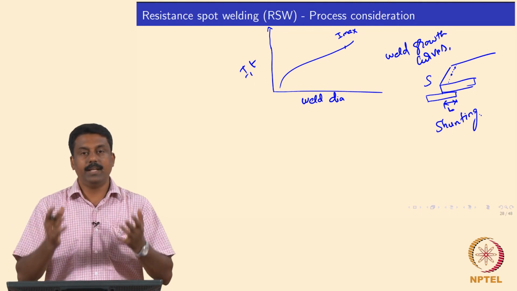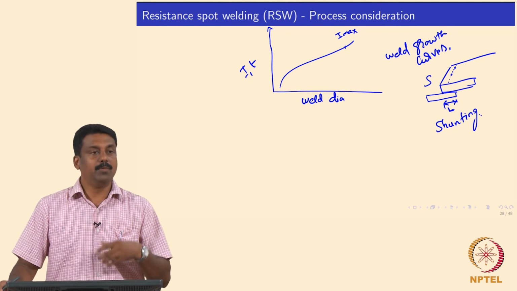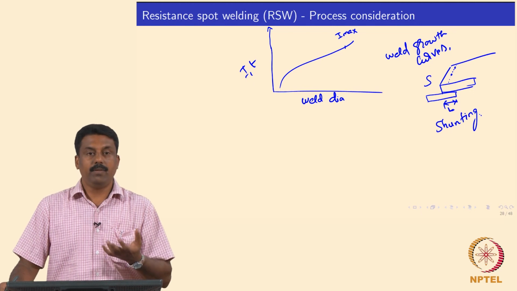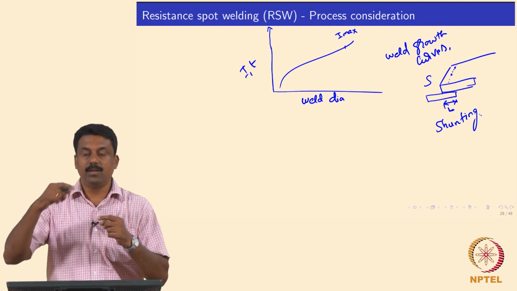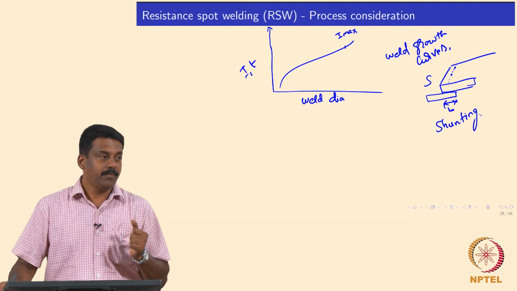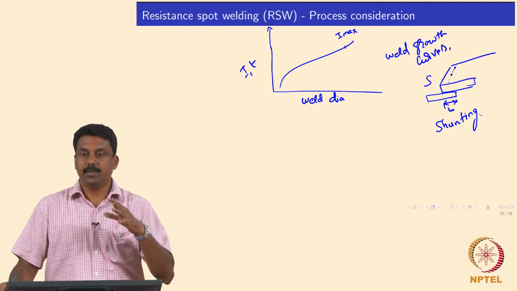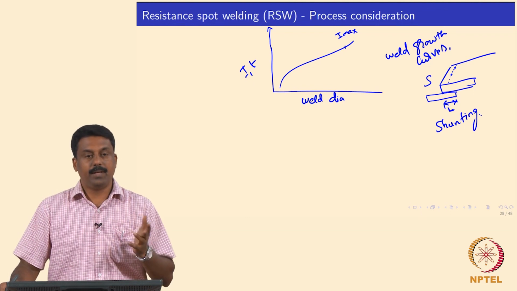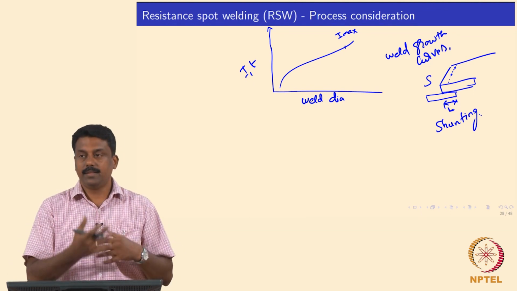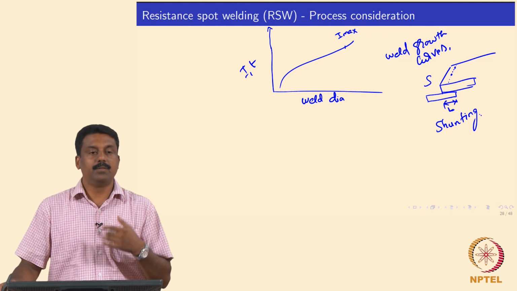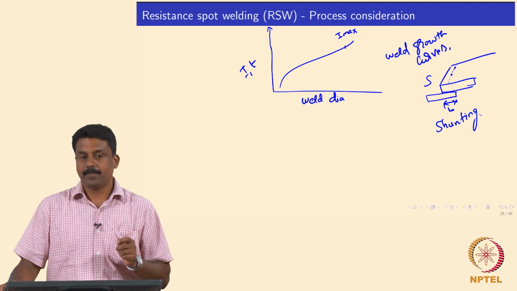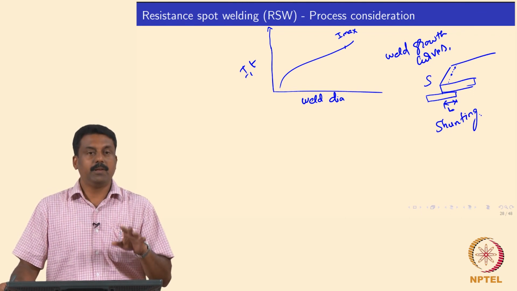For spot welding you always need access from top and bottom, otherwise you can't make a spot weld. So when they conceive a component fabrication in the automotive industry, they consider all aspects, not only the stress analysis, but also the accessibility for the electrodes to reach the same spot, right? It's clear. So this is what we looked at in the last class.